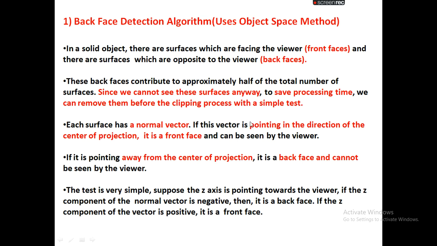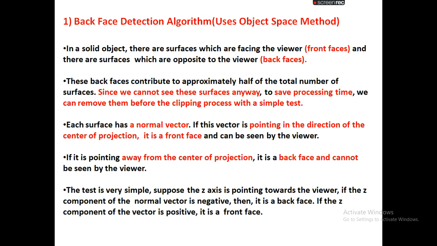If this vector is pointing in the direction of the center of projection, meaning the same direction where the observer is viewing, then you can say that it is a front face of the polygon.